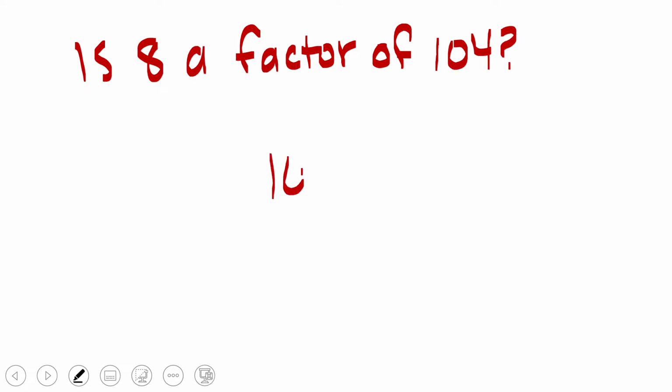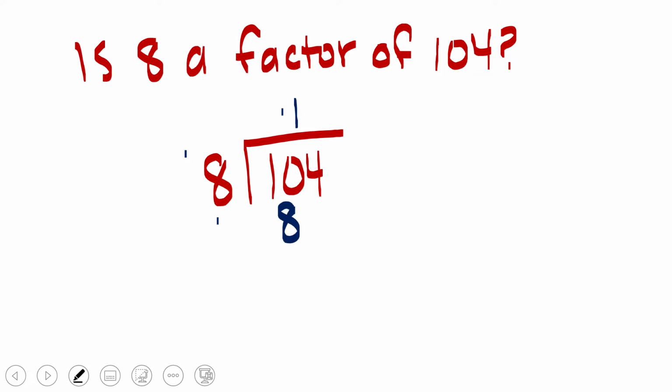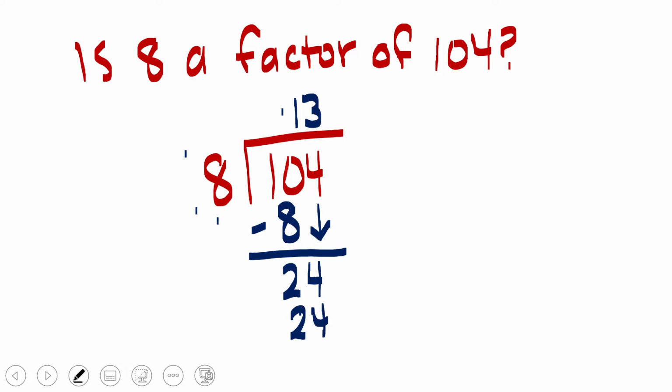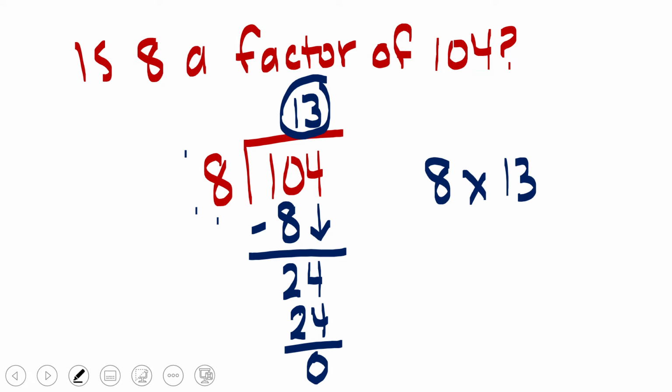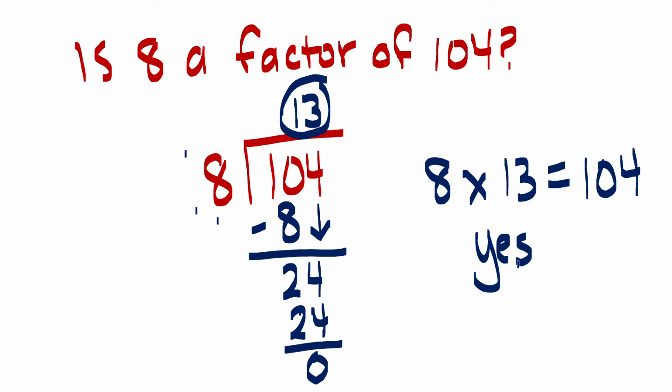So you'd say 104 divided by 8. 8 goes into 10 one time. 1 times 8 is 8. 10 minus 8 is 2. 4 comes down. 8 goes into 24 3 times. 3 times 8 is 24. And we find out because 8 times 13 equals 104 that yes, 8 is a factor of 104.